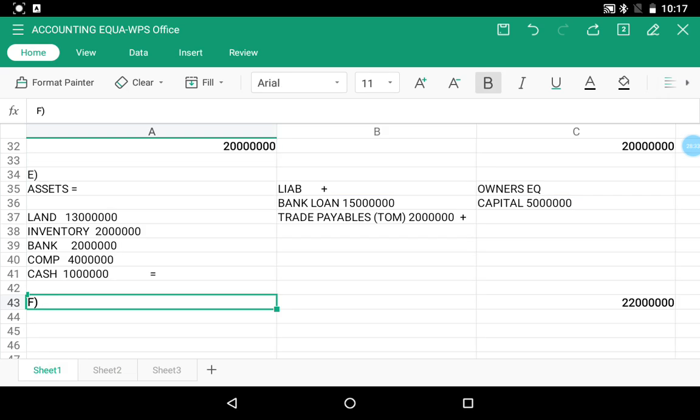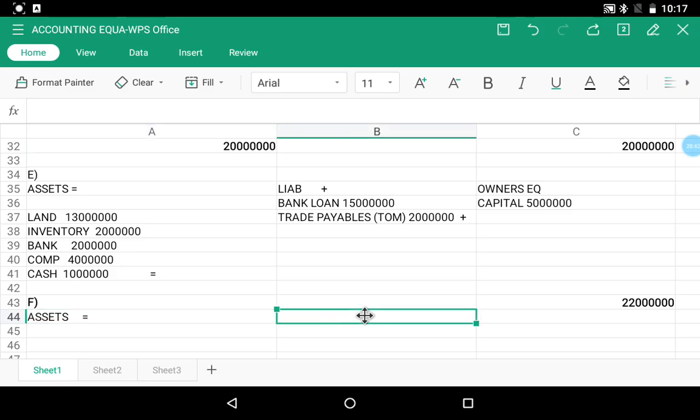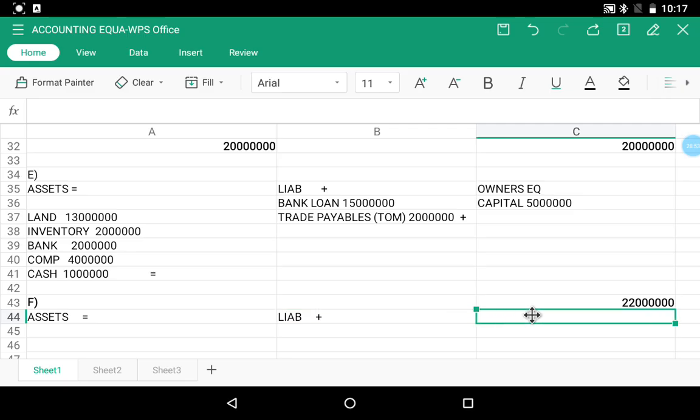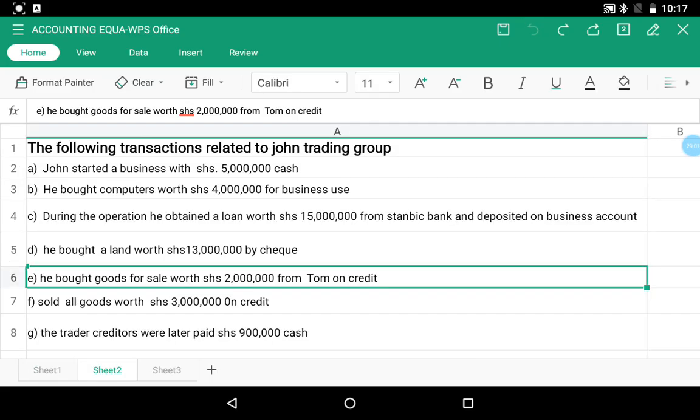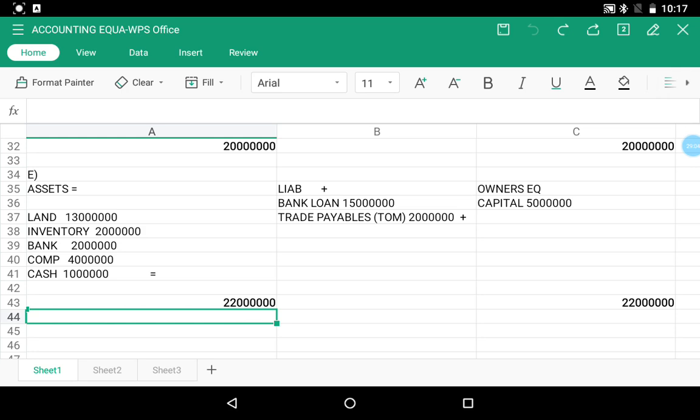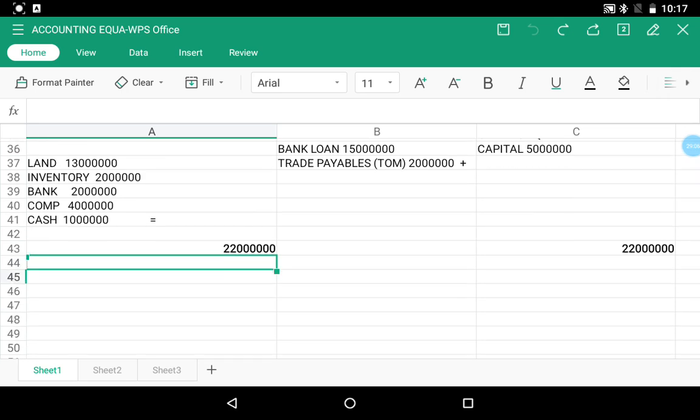So here we are going to first state our accounting equation, which is assets is equal to liabilities plus owner's equity. Well said.